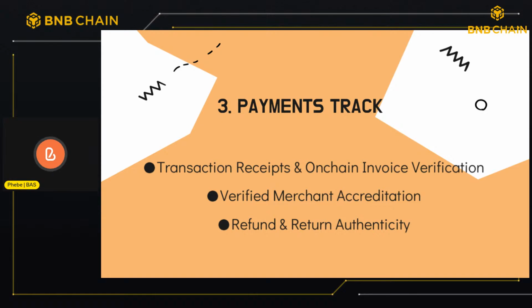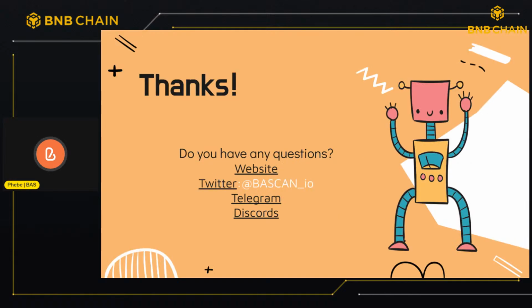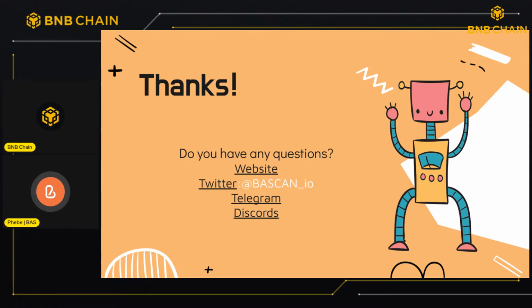You can use BAS to create a system where refunds or returns are attested, just to ensure all parties agree on the order status. It's just some examples that we want to mention right here for everyone to brainstorm a little bit. So that's pretty much everything we want to share about BAS today.